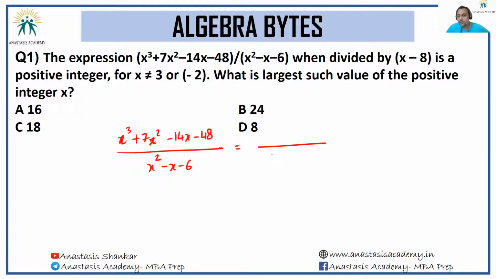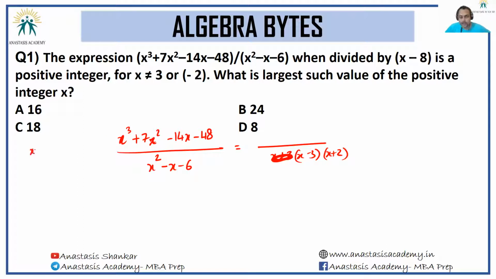Can you happily see in the denominator you are going to get x minus 3 and x plus 2. Once this is identified, now you have a good hint for what values to check for the cubic expression given in the numerator.